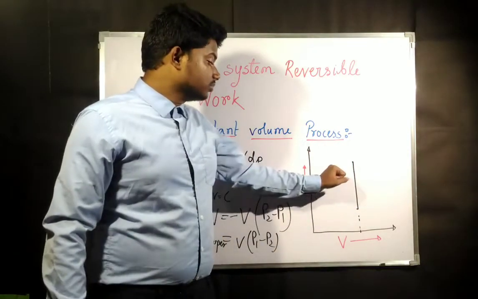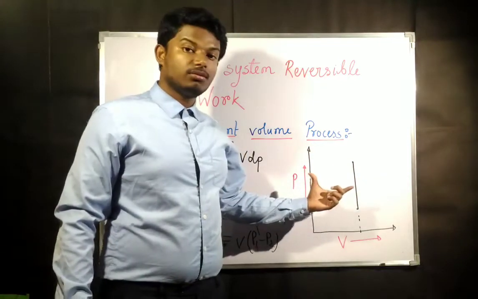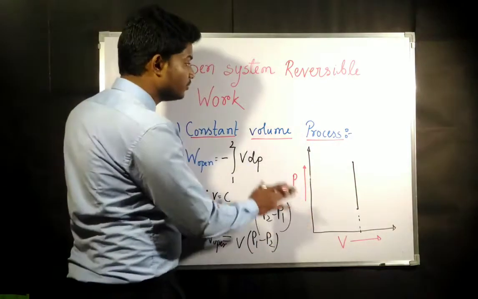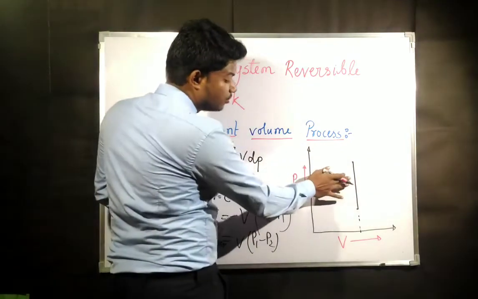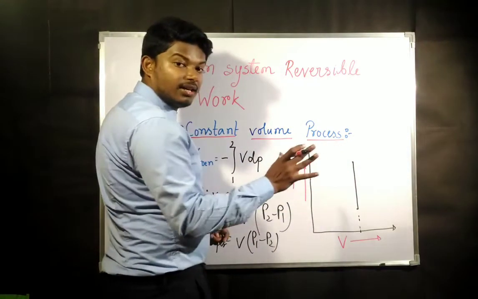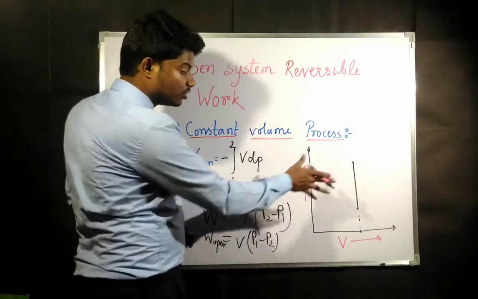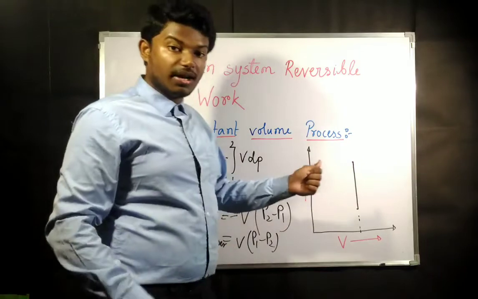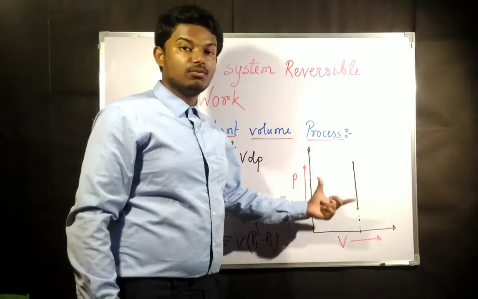Now consider the area projected. What have we said? We have said that for open system reversible work, whenever you project the curve on the pressure axis, whatever area you get gives us the work done on the open system.